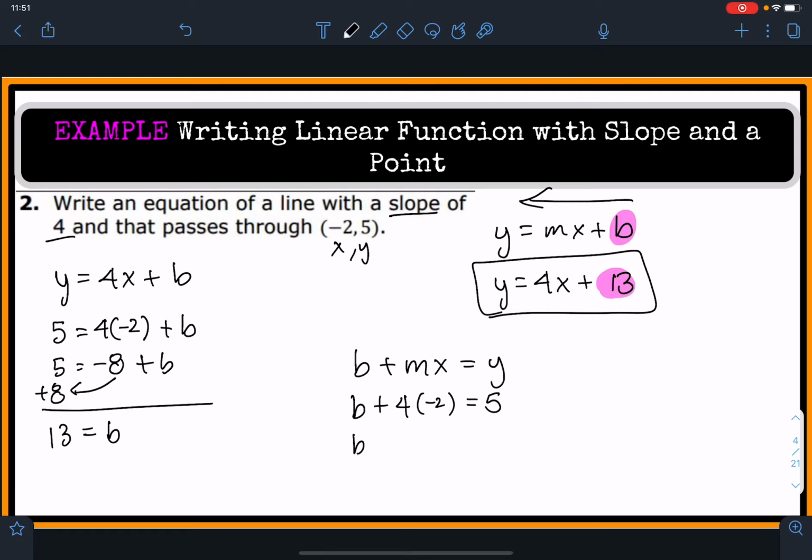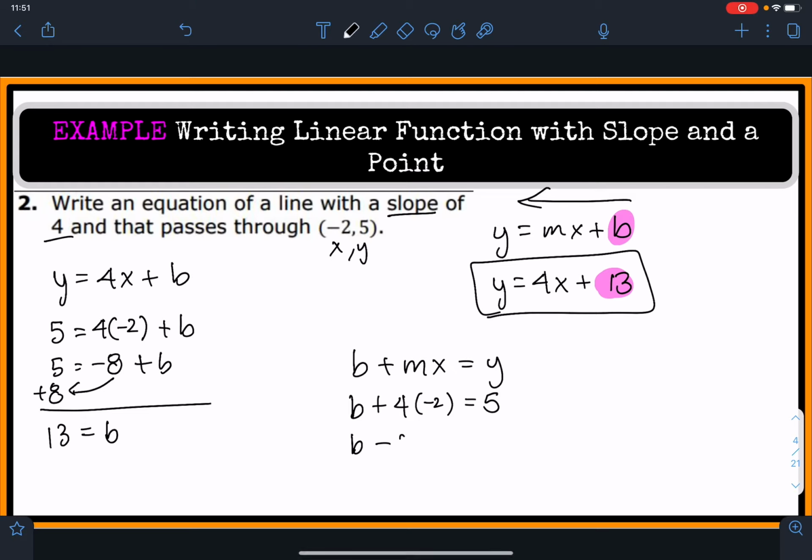I get that b minus 8, because 4 times -2 is -8, is equal to 5. They like this because they're usually more comfortable writing the equation in this format with the variable at the very front. Then simply adding the 8 to both sides, again they get that the value of b is equal to 13.